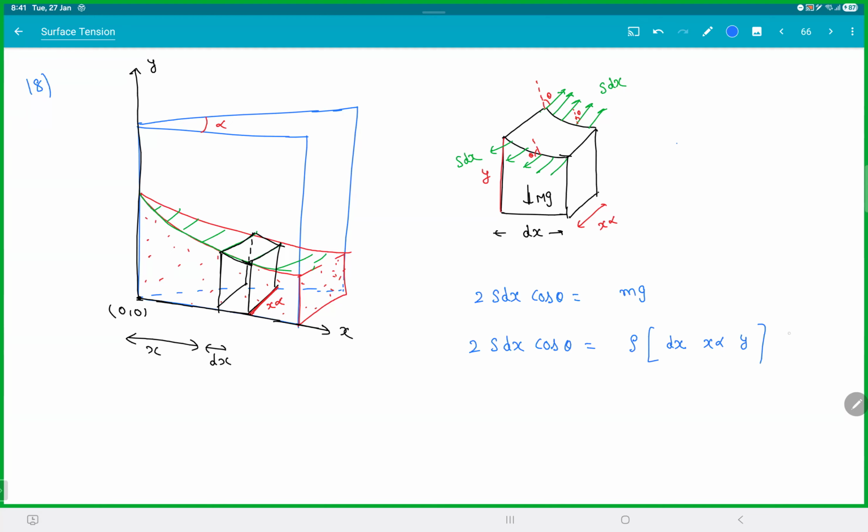Length, breadth, height into g. dx goes off. You end up with x into y equal to 2S cos theta by rho g alpha. 2 is constant, S is constant, theta is constant, rho is constant, g is constant and alpha is constant. So this is constant. This is a rectangular hyperbola. PV is equal to constant, remember?